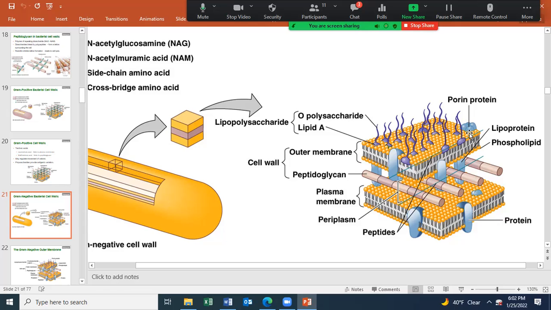But the porin protein provides a channel to allow those molecules to move through the outer membrane of the cell wall. And then those molecules are water soluble, so they can move right through the peptidoglycan. And then they have to move through the cell membrane.